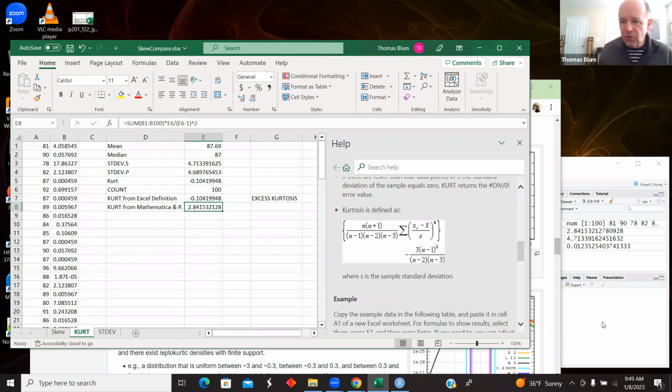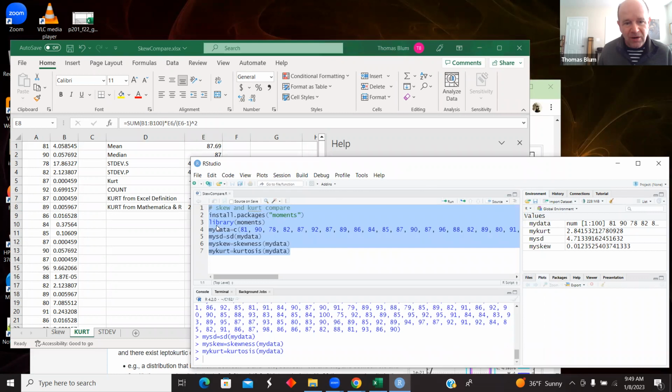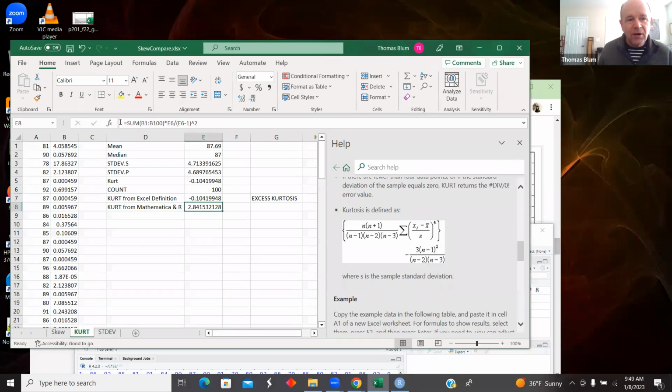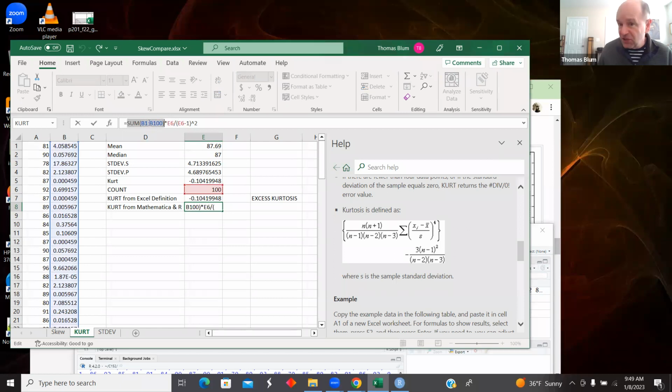Okay, so let me show you. Here's R. Again, this is the same set of data. And I ran the kurtosis, and here's my kurtosis, 2.8415. So this agrees with this calculation of that sum of the fourth moments of z-scores raised to the fourth, and then multiplied by the number of points and divided by the n minus 1 squared number of points.